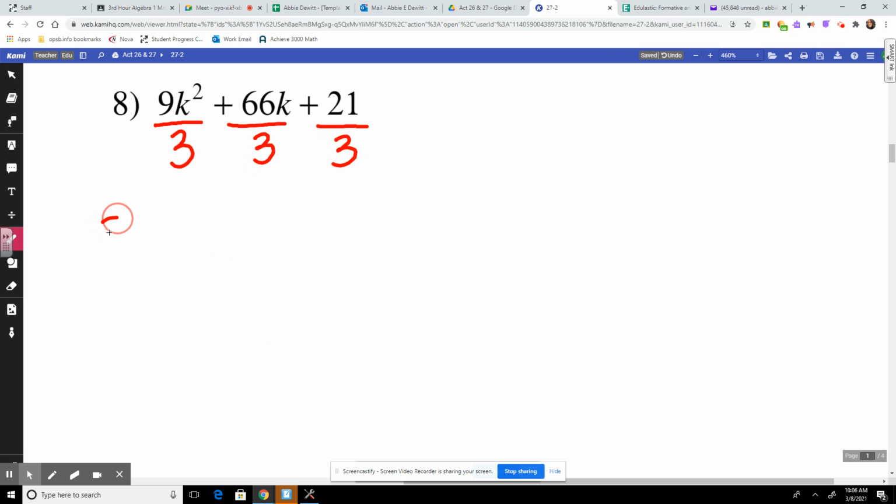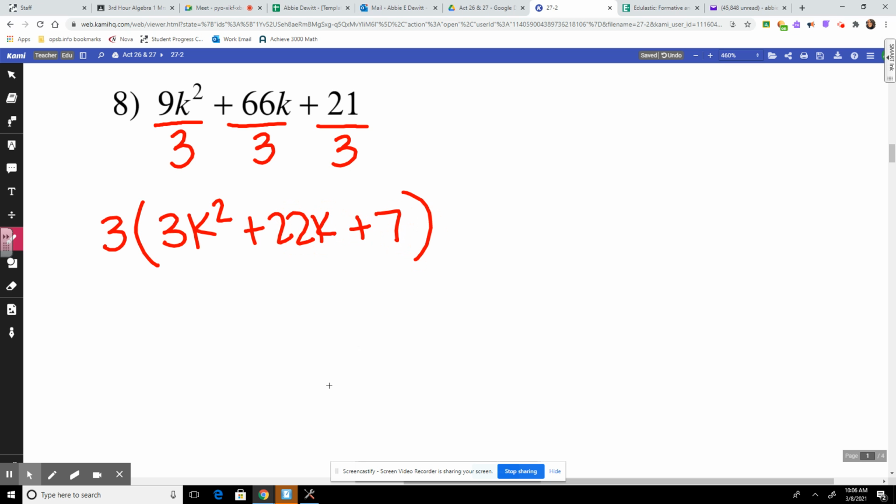But 3 will evenly divide into all 3 terms. So if I factor out a 3, my GCF, my remainder is going to be 3k squared plus 22k plus 7. Now I factor my inside trinomial. A is 3, B is 22, and C is 7.